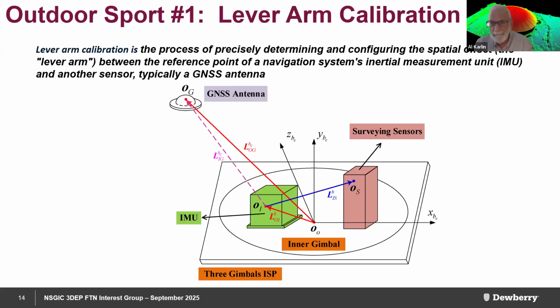What we used to do, and I've done this, is you get out a surveyor's level and you measure the distance and angles between the sensor, the inertial measurement unit, and the phase center of the GPS on the plane.